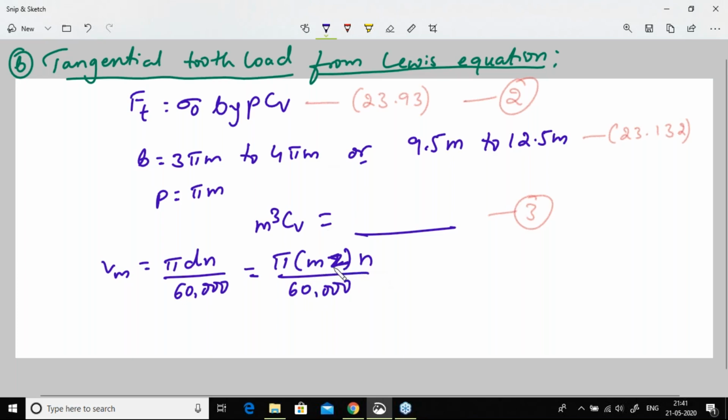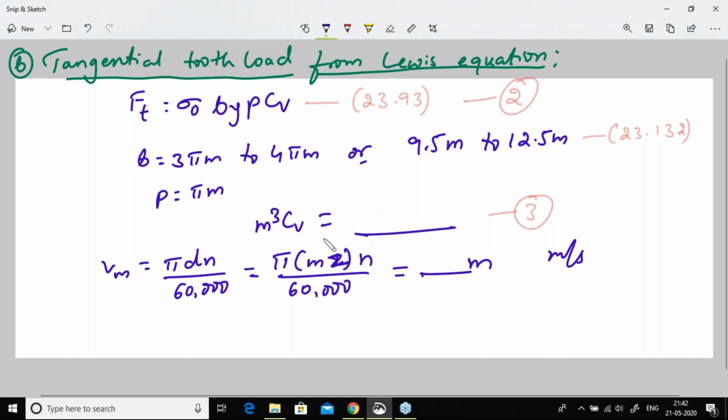Z is the number of teeth on the weaker member, which we took in the first step. N is the speed of the weaker member. By substituting all these, we get Vm in terms of m once again, in meters per second, because we have already divided by 1000.